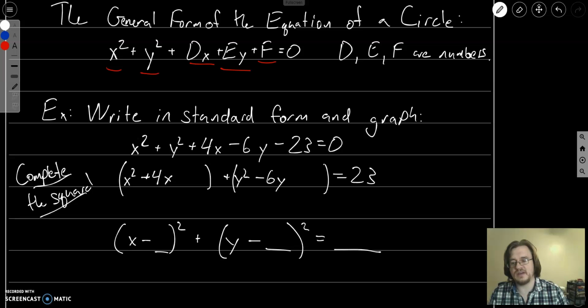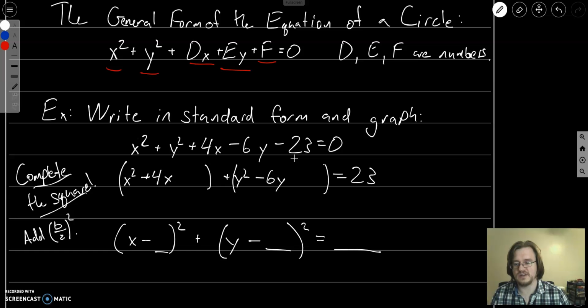And this is something that we did a while back. And essentially what this means is that we are going to add b over 2 squared. And what is b in this instance? B is the number that's multiplying the linear term. So it's this coefficient here. So let's go through this example.